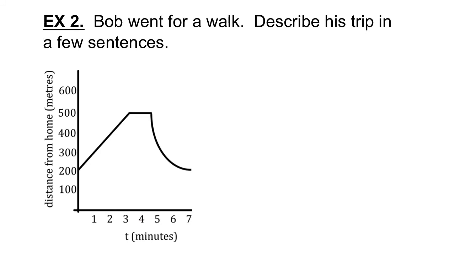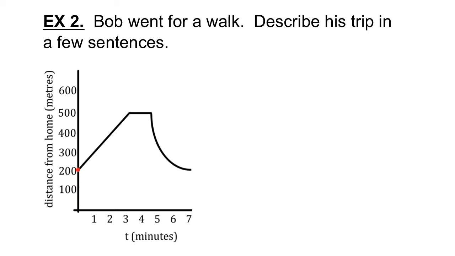Okay, our last example for this lesson, we're going to describe Bob's trip. So Bob went for a walk, and we want to describe his trip in a few sentences. So here we have his distance from home and the time in minutes. Okay, so let's start at the beginning.